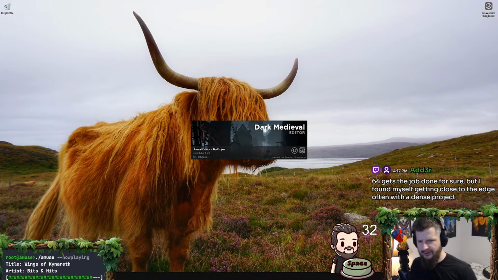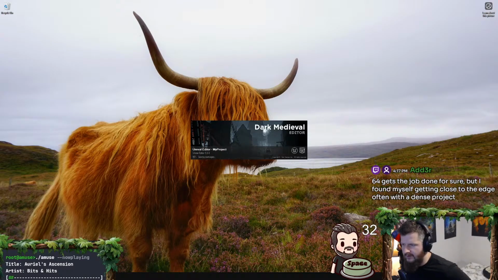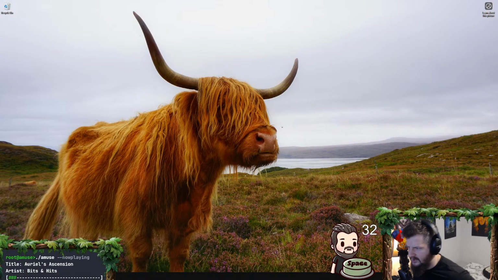64 gets the job done for sure, but I found myself getting close to the edge, often with a dense project. I guess you're probably working with more baked open world stuff, so there's probably a lot that gets loaded in for those levels. You can probably load in hundreds of gigs. All that stuff gets automatically serialized to disk with level streaming or world partitioning or whatever.